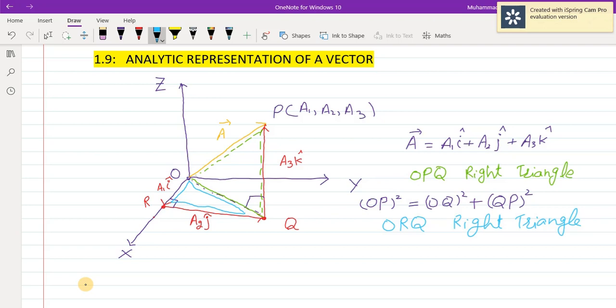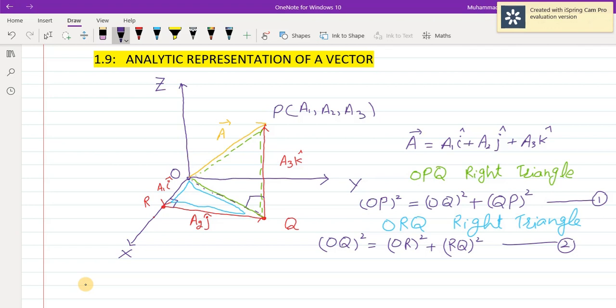In the figure you can see there is another right triangle which I have shown in light blue color. By applying Pythagoras theorem on this ORQ right triangle, we have OQ square is equal to OR square plus RQ square.